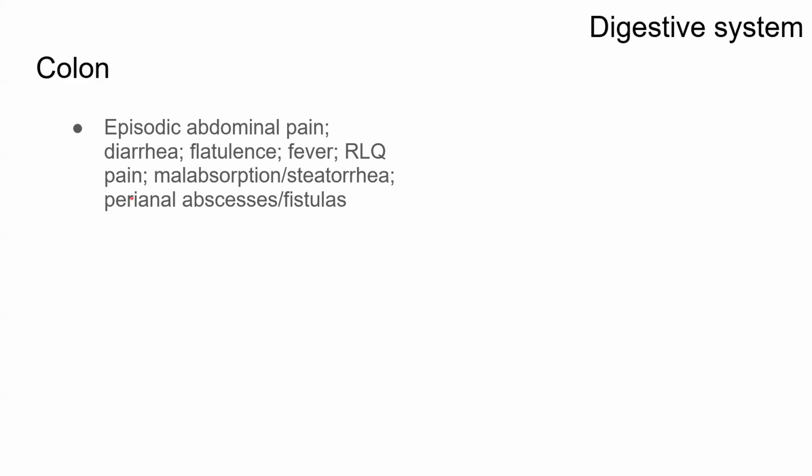So let's say, for example, there's a patient that comes to maybe the office or maybe the ED, and they have episodic abdominal pain. It's crampy, and they have tons of diarrhea, flatulence. They have fevers every now and then. They may complain of right lower quadrant pain.